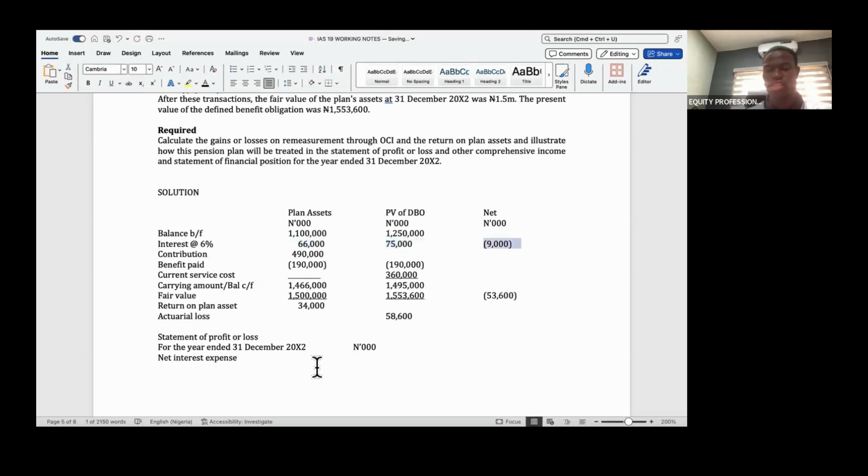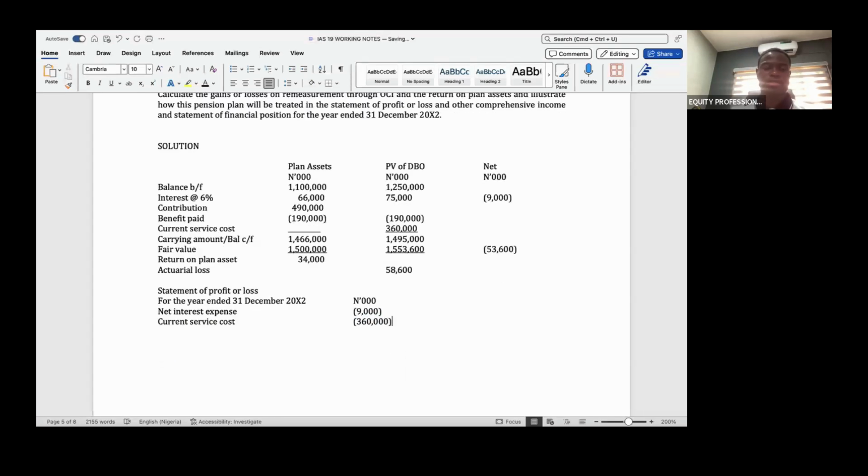So it's a net interest expense. And we have it here as 9,000. Contribution, no. Benefit, no. Then we have current service cost. How much is it? 360. I'm putting them in brackets to show that they are expenses. And that's it for that.